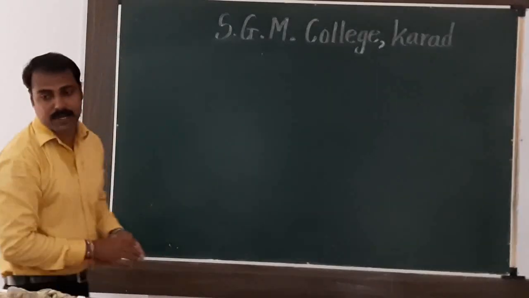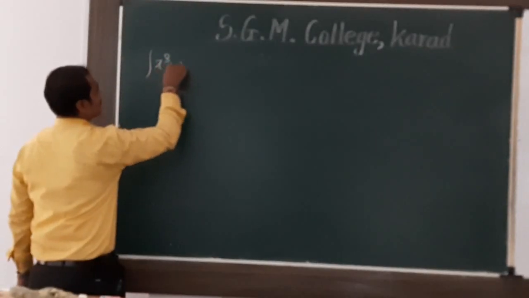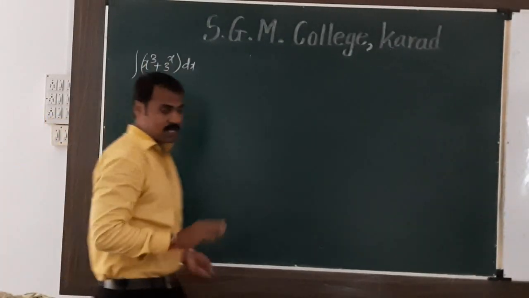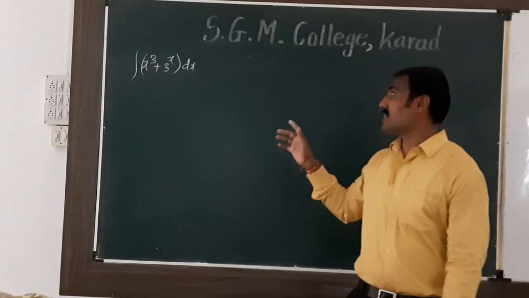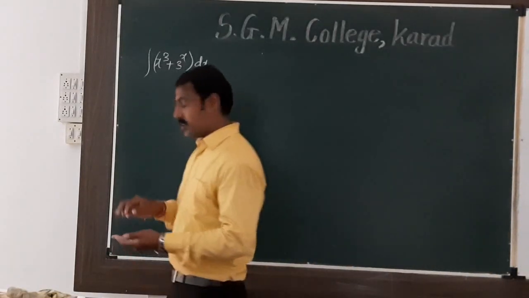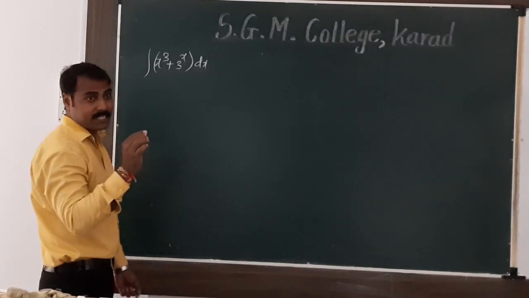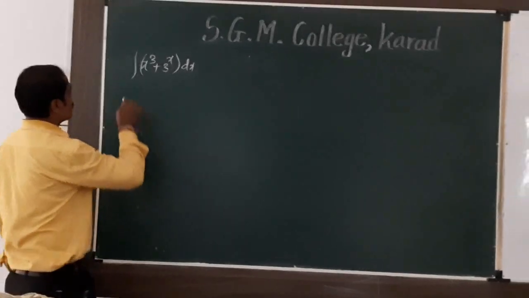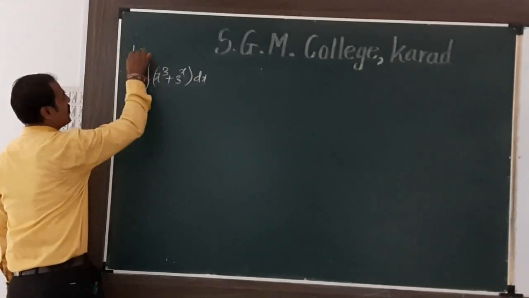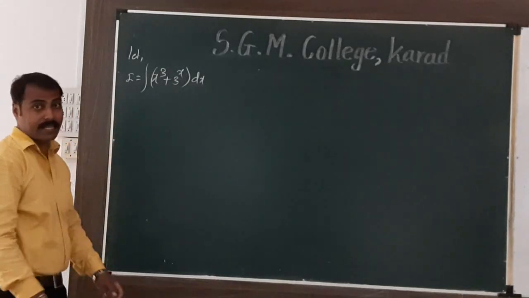Here is the first example: evaluate integration of x cube plus 3 raised to x dx. First, identify that the example is of integration. The name of the chapter is integration, and integration starts with I, so let that integration be I. Let I is equal to integration of x cube plus 3 raised to x dx.